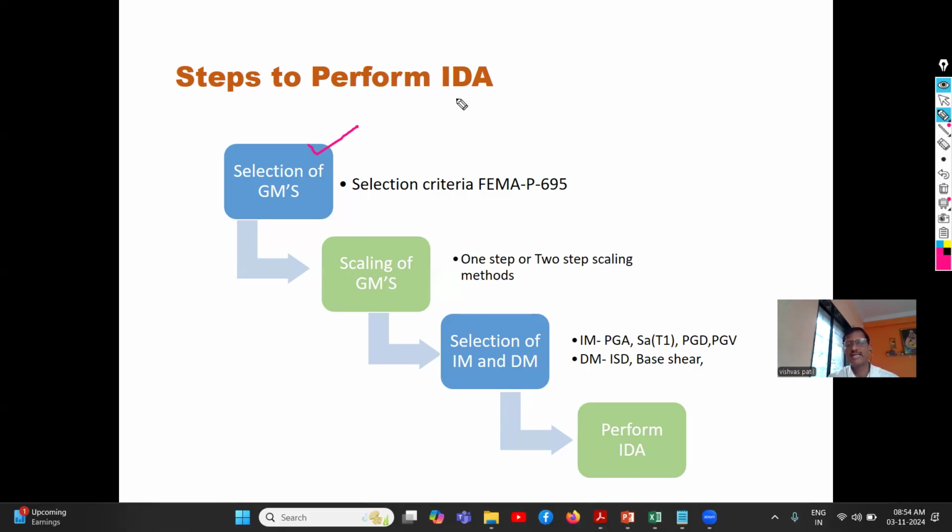Because IDA is a time history analysis which takes more time to perform in the software, and for a multi-story building the time required is even more, 10 to 20 ground motions are more than sufficient to predict the structural capacity. Researchers like Vamvatsikos, in his study, also took 20 ground motions.